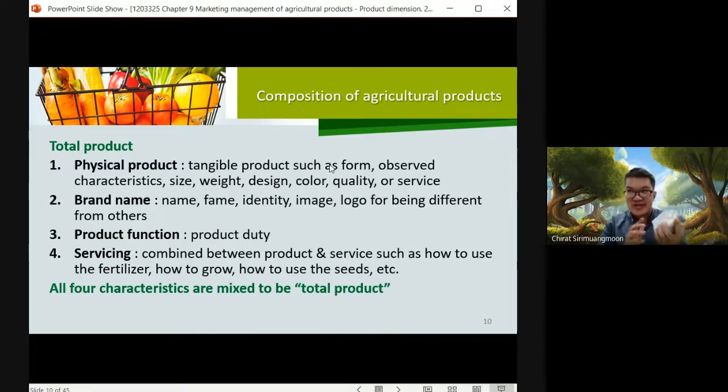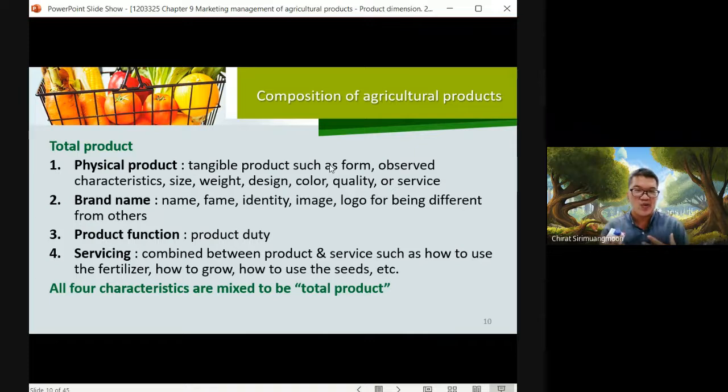But you might think in different ways, like the example I mentioned on the slide here. When we have agricultural service, you're going to have a person who takes care, gives you some opinion, gives you some advice. That's also servicing. But normally for a tangible product like this, which you can touch, servicing is not quite important.